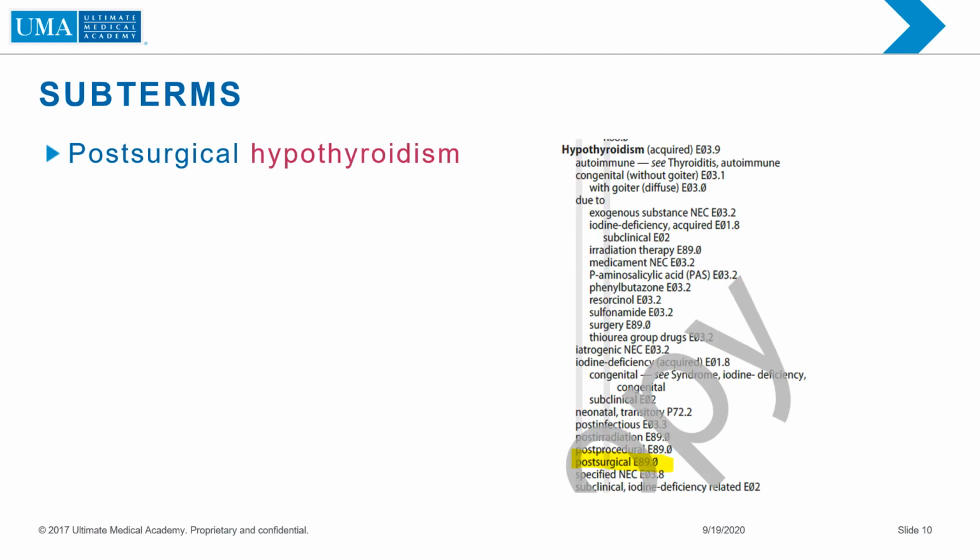Let's move on to the next example we had, which was the post-surgical hypothyroidism. I apologize for this print here. It's the only example that I could find. But what we're going to do here is, in our alphabetic index, go straight to hypothyroidism.